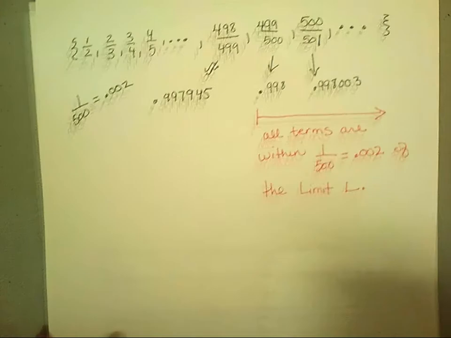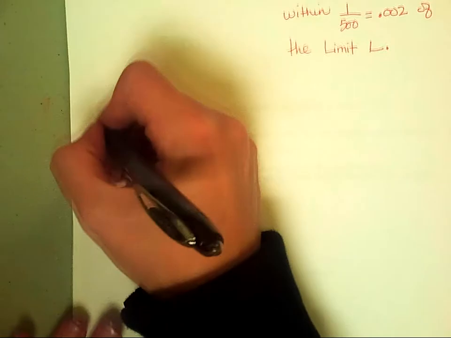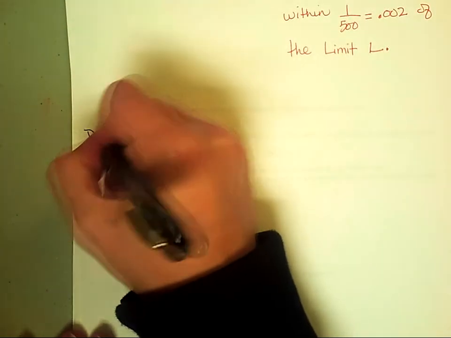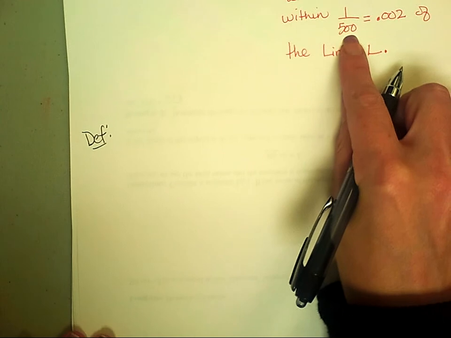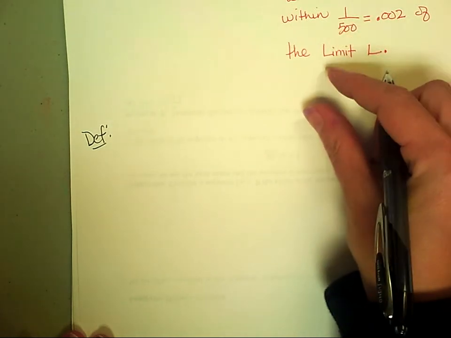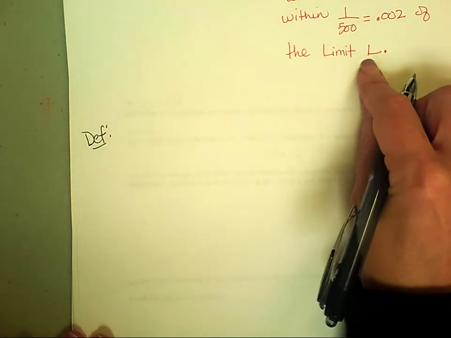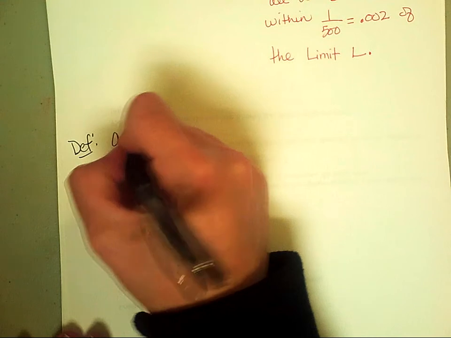All right, so now I hope this helps you understand this next definition that's coming. Remember, there was nothing special about 1 over 500. I could make that number even smaller, and I could get even closer to this limit. Okay?